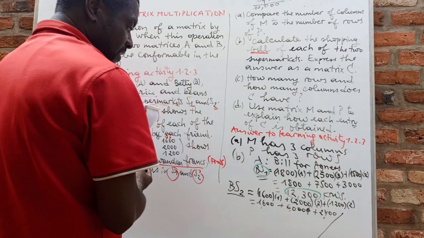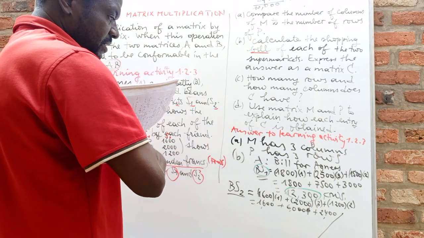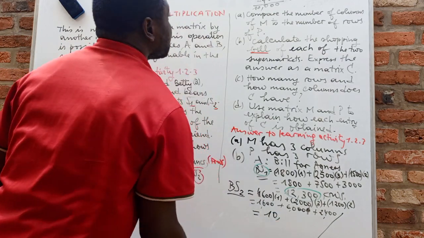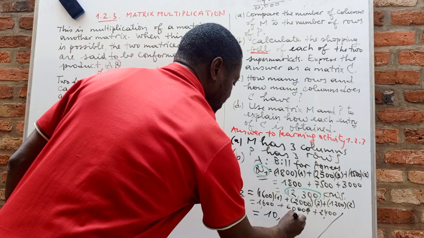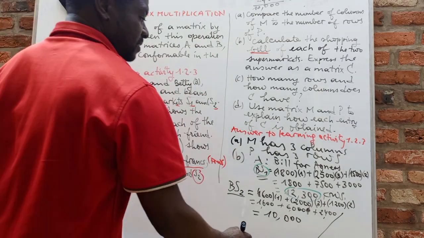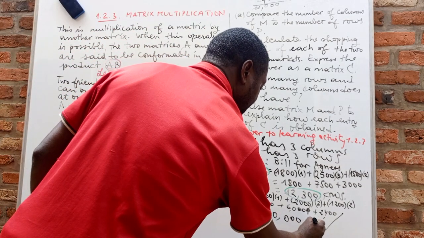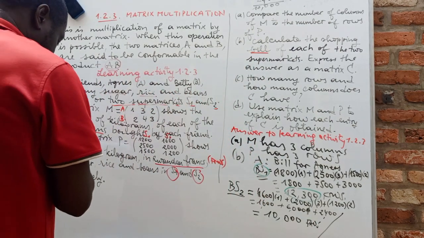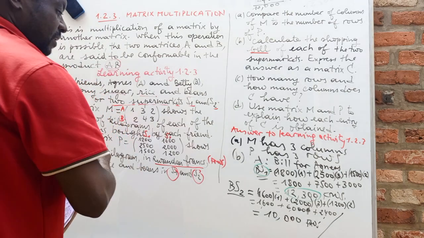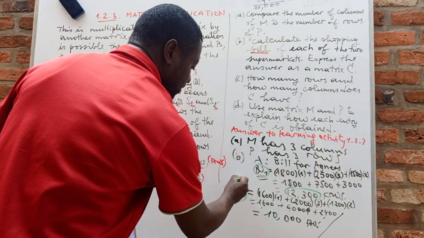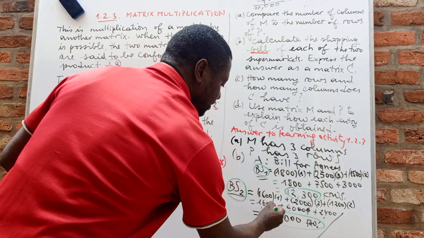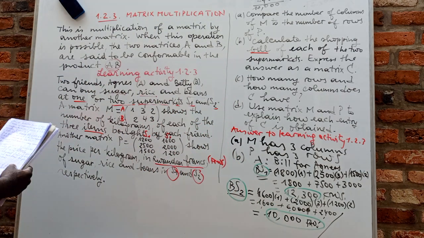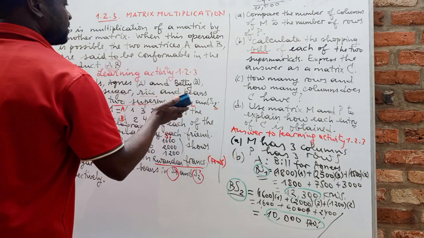We use this marker pen. So summing up to 10,000 Rwandan francs. This is the bill at the second supermarket for Agnes.